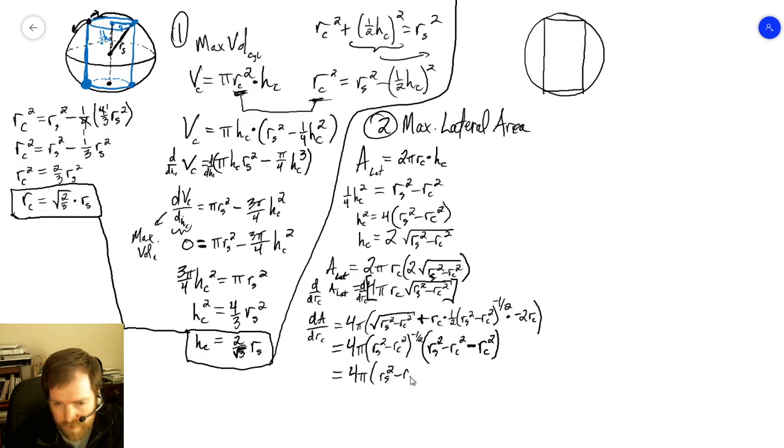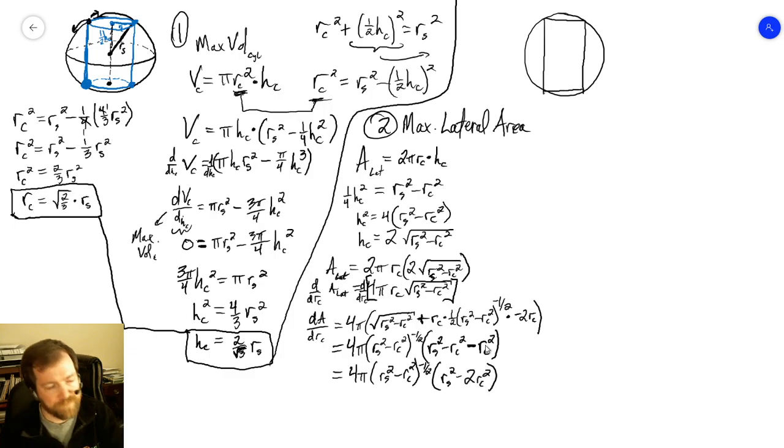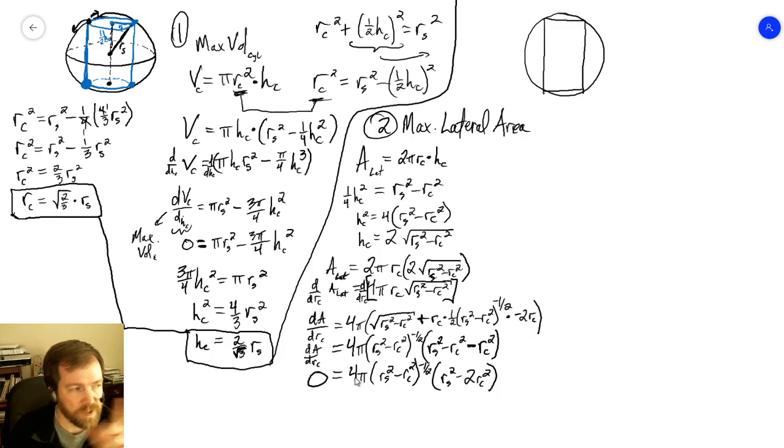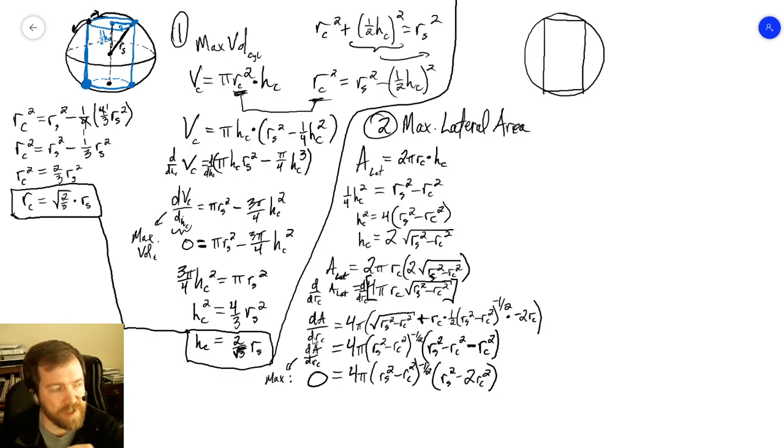Rs squared minus rc squared raised to the negative 1/2, times the quantity rs squared minus 2rc squared, equals dA/drc, which again has to be equal to 0 since we're maximizing the area, right?